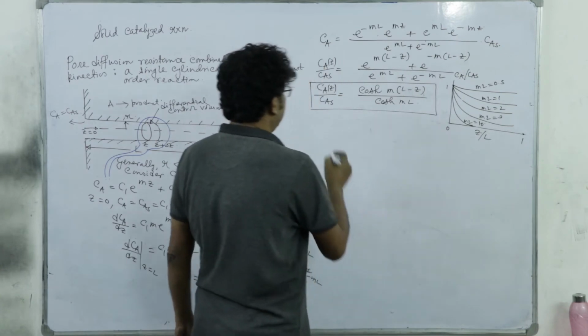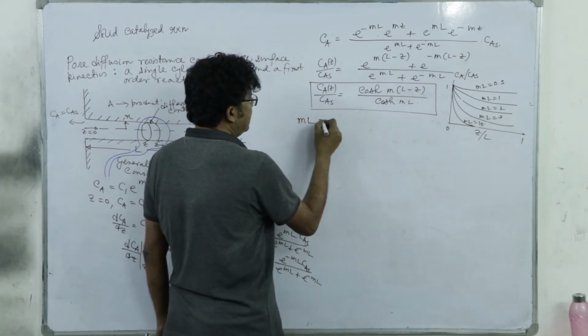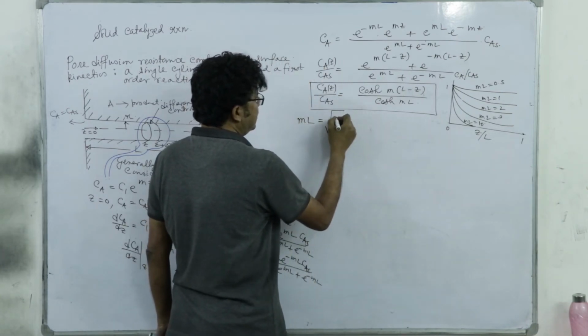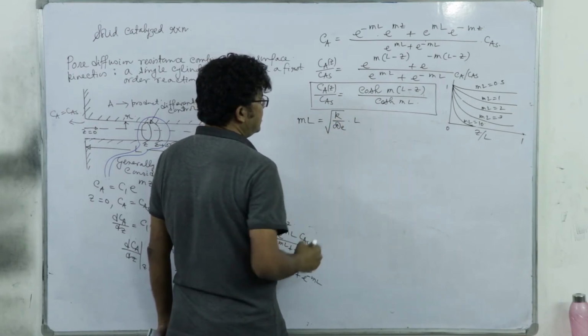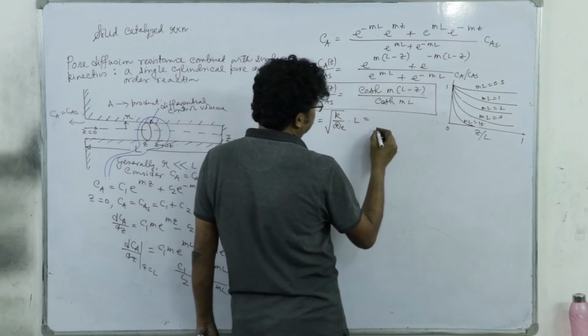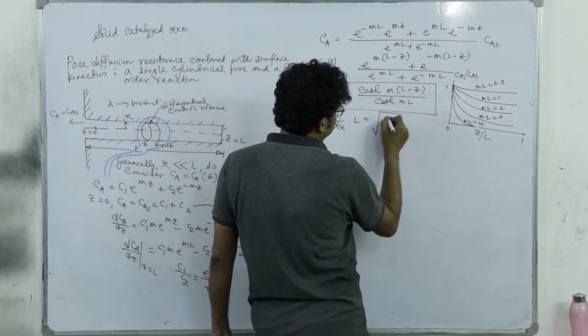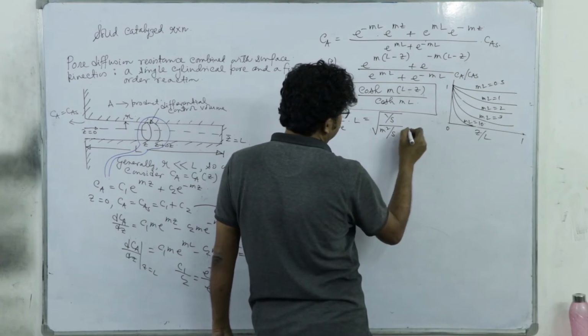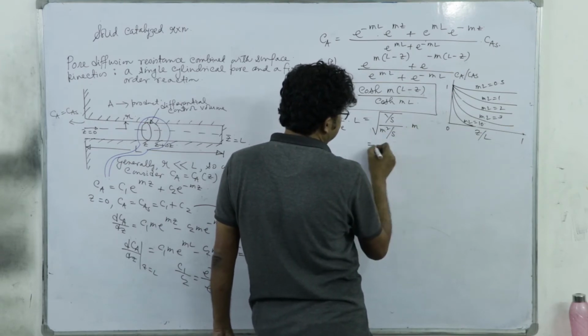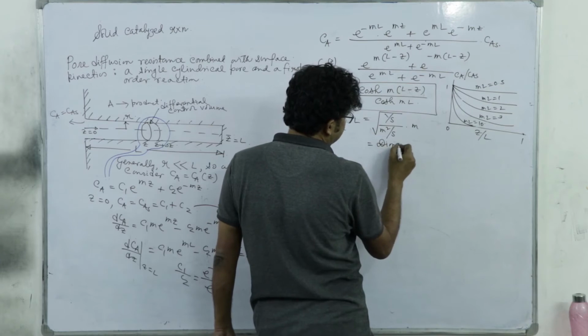So, this dimensionless quantity ml, what is that? Under root of k divided by dE into L. Now, this is a first order reaction. So, this is 1 by second, meter square per second, into meter. So, it is dimensionless.